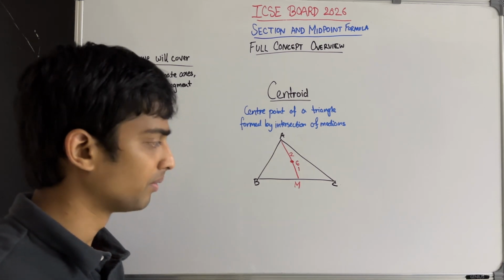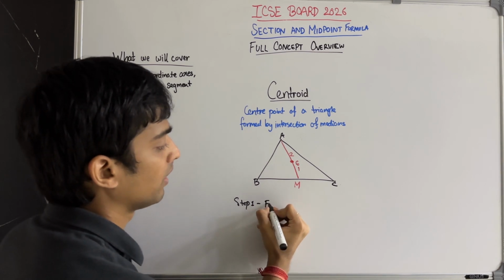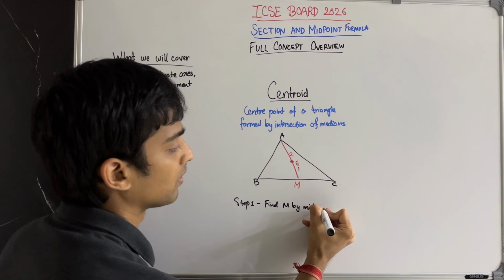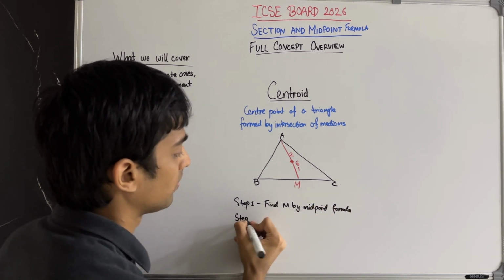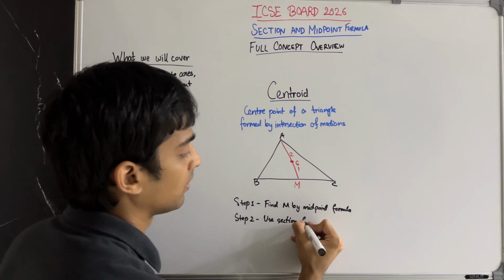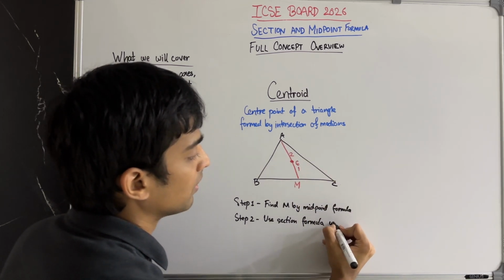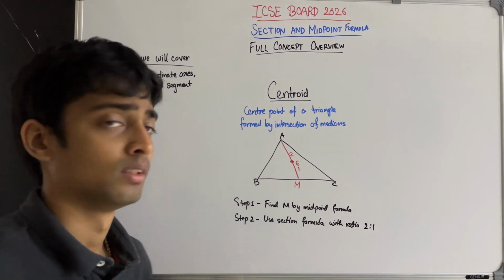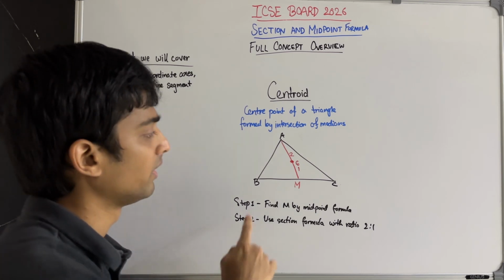So step 1 would be find M by midpoint formula. Step 2, use section formula with ratio 2:1. So following these steps, we can find the centroid easily if we have all the 3 vertices given.